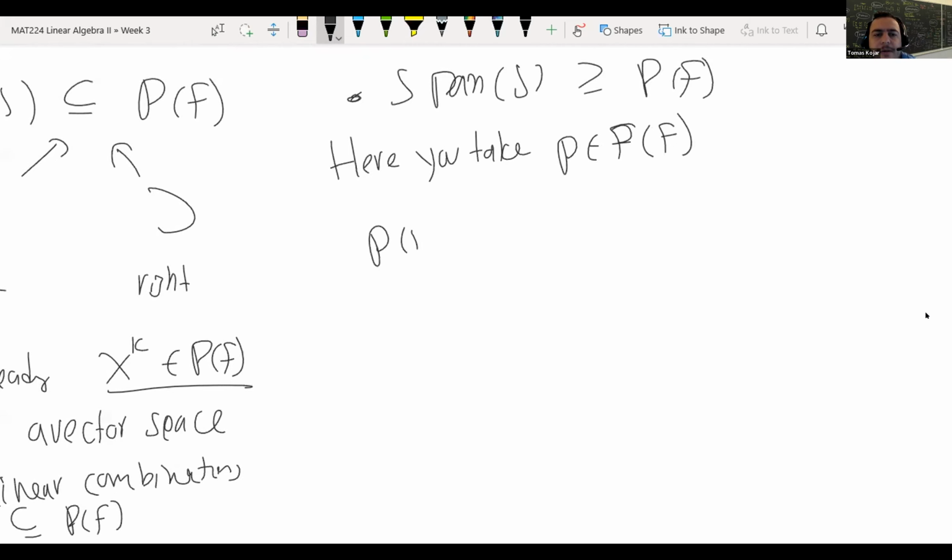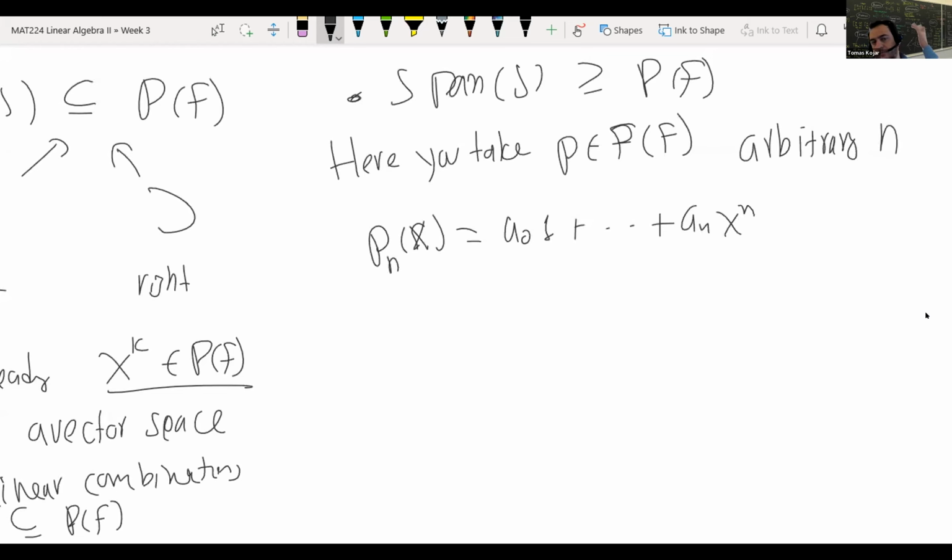So it would be P of X, and it would be some arbitrary n. Okay, so then again, you have a0, a1 and so on. And we know that each of them is an element of S. Okay, all right. So I think the span is okay.